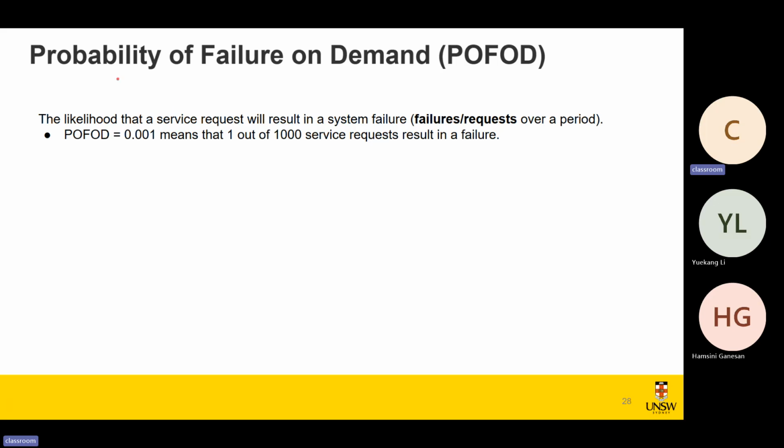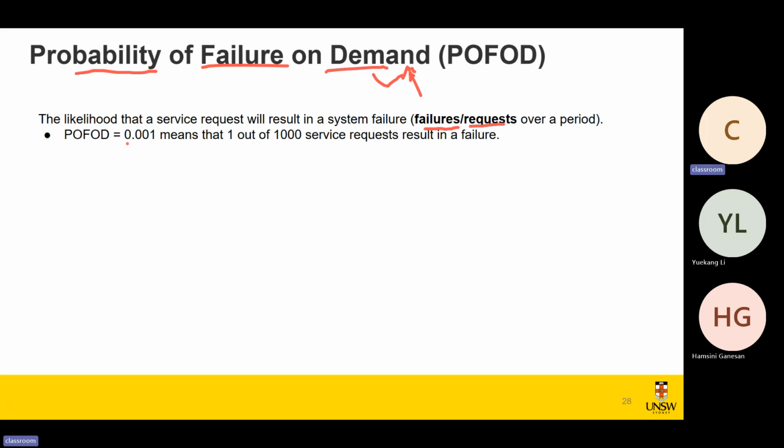So it's basically the probability of failure, right? On demand means per request, so it means requested from the user. So it's like failure per request, basically. So it is calculated as the number of failures divided by the number of requests over a period of time.